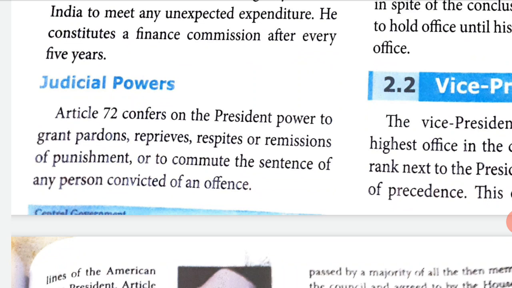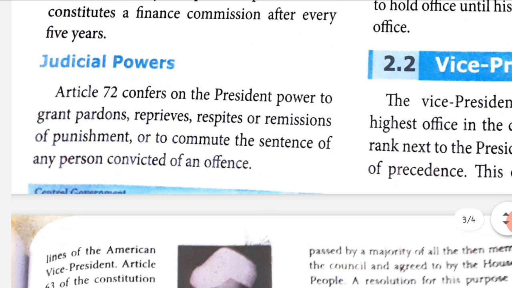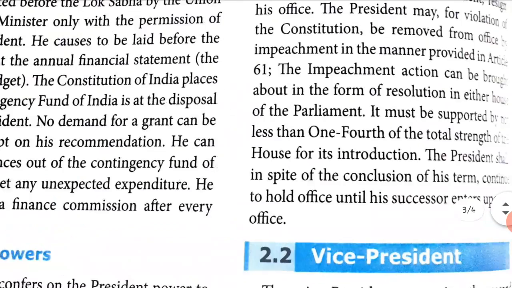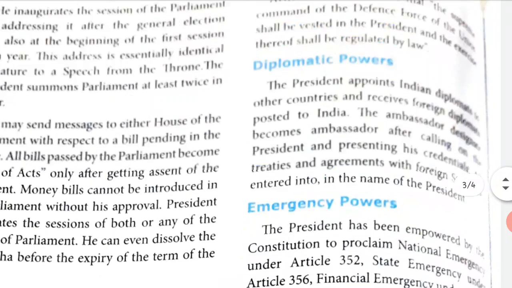Say, for example, somebody who did something bad has been put in prison, and if he decides to give him forgiveness, he can do it, or to commute the sentence of any person convicted of an offense. He can also call for a reprieve if anybody is to be sentenced to death for an offense. Okay, that you have to keep in mind.